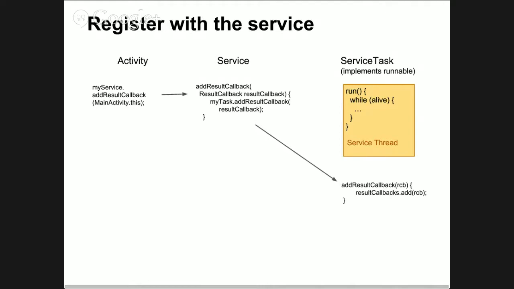The service does not have a call available that gives it the set of activities that bind to it. So we need to find some other way for the service to be able to talk to the activity. We have to essentially reverse the communication. It's easy for the activity to call the service, but now we need the service to call the activity. How do we do that?